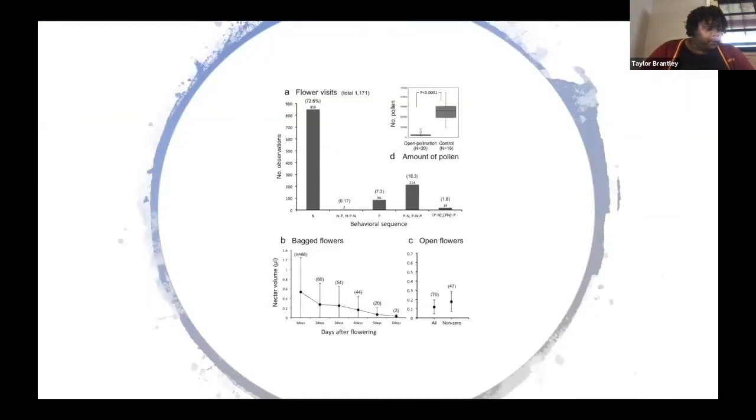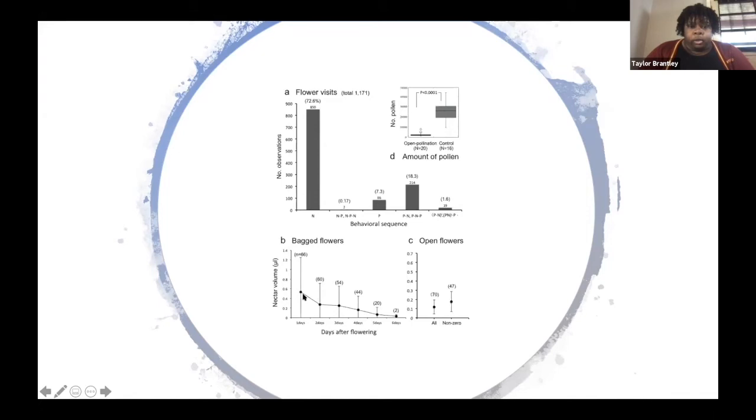So these graphs talk about what I just stated. The first graph, graph A, shows the flower visits, and as you can see, for nectar, they visited the flower 850 times out of a total 1,171.